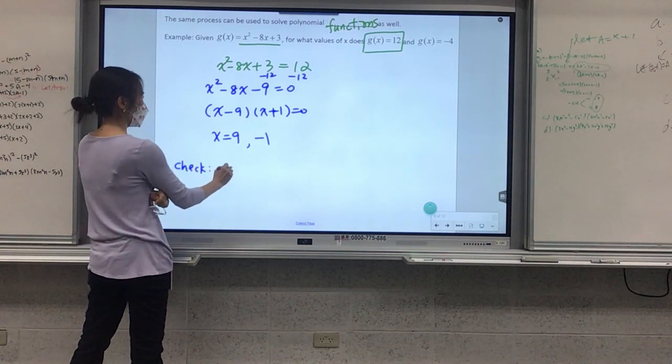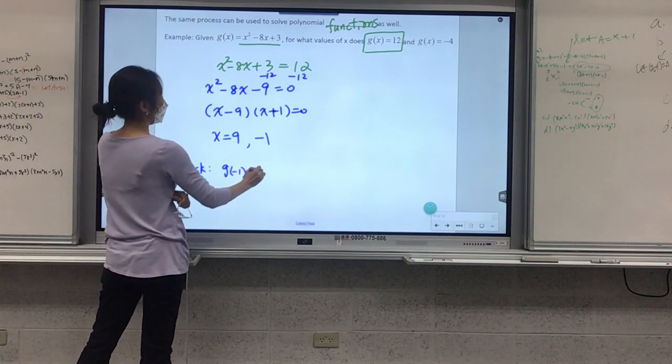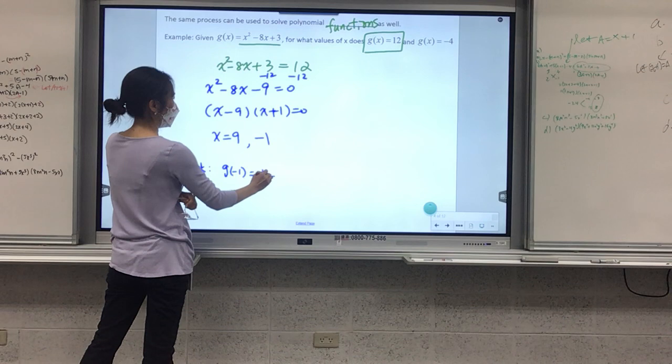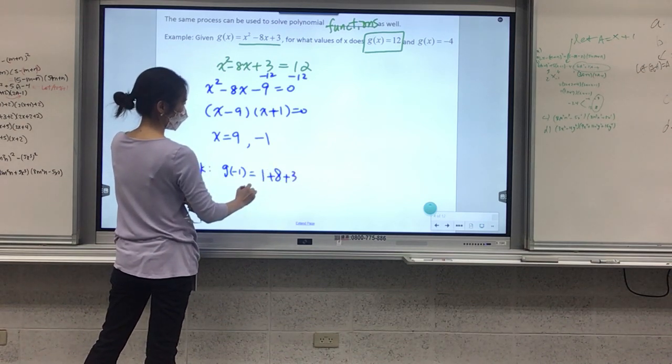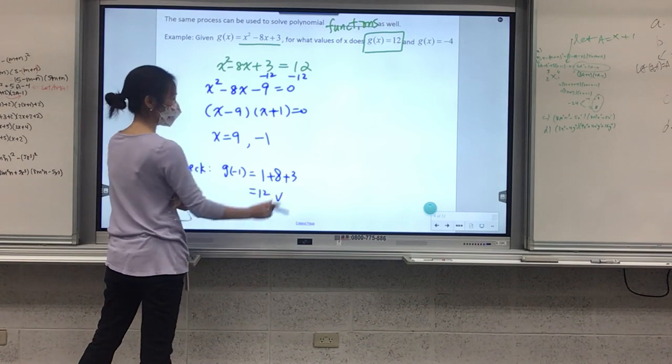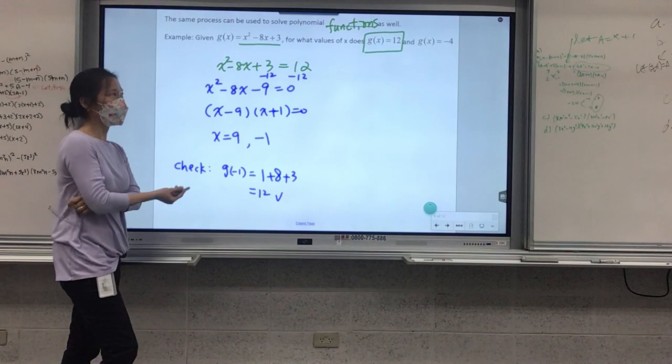Let's check g of negative 1. I got negative 1, so that's 1 plus the 8. It's 12, see? That works. You can check the 9 too. So that's the process of checking.